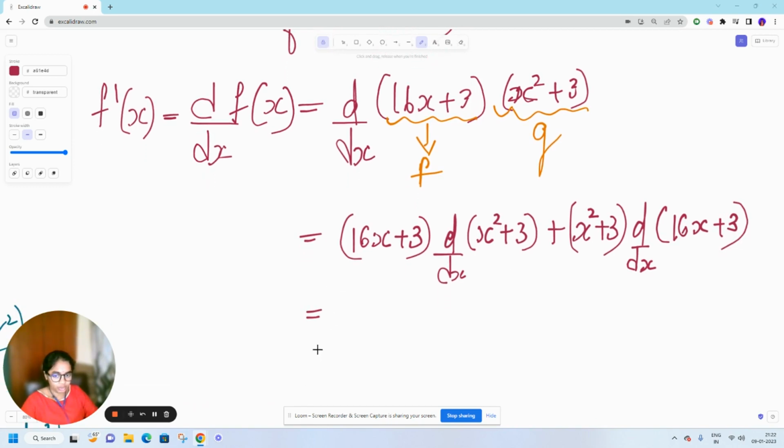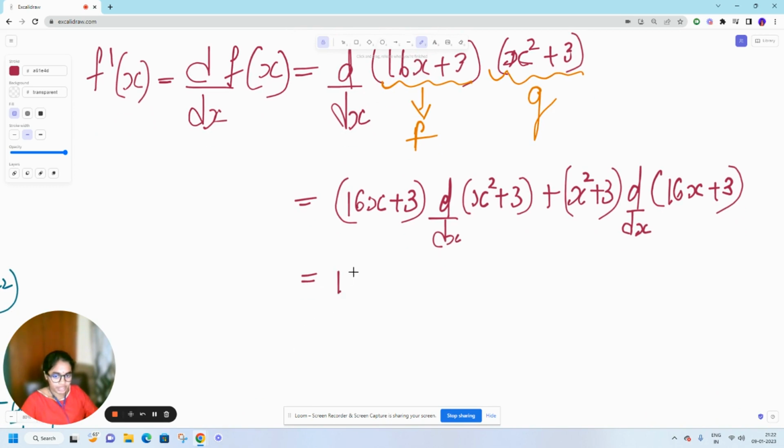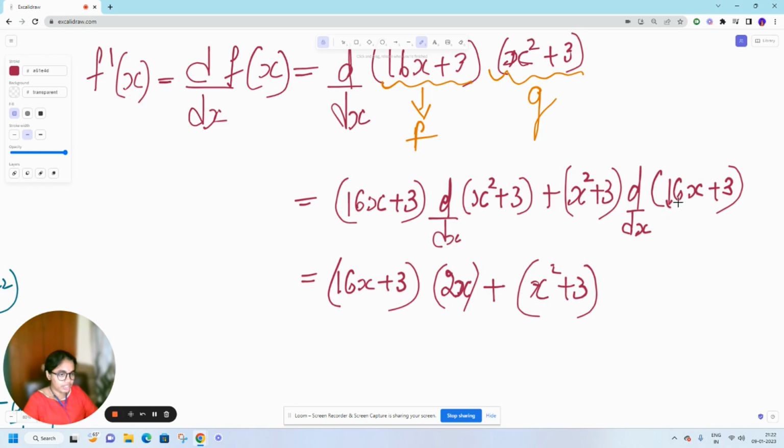So this is equal to, write down 16x plus 3 as it is. What is the derivative of x square plus 3? Give the derivative to each term. Yes, what is the derivative of x square? It is 2x. Agree? What is the derivative of 3? It is 0. Okay. Next, x square plus 3. What is the derivative of 16x?